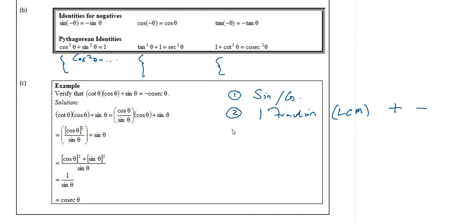And then once you have done that and you've simplified that fraction, then look at mostly two possibilities. Mostly, it's not always, but mostly. See if you can apply one of these identities now. Is it an identity?